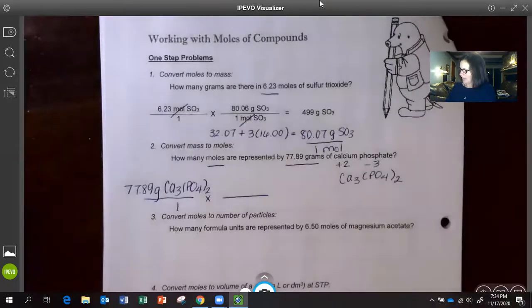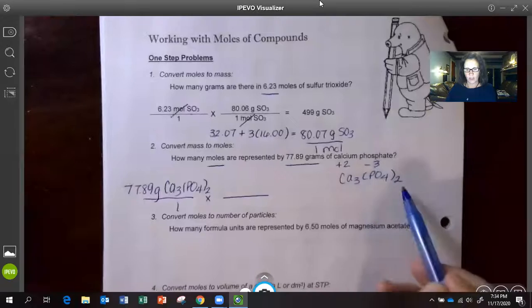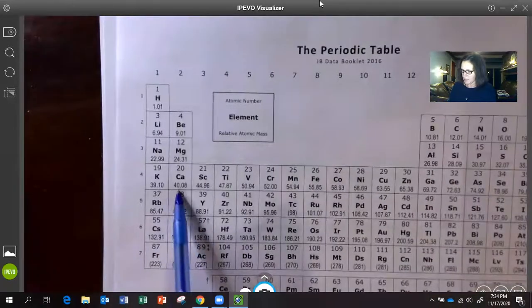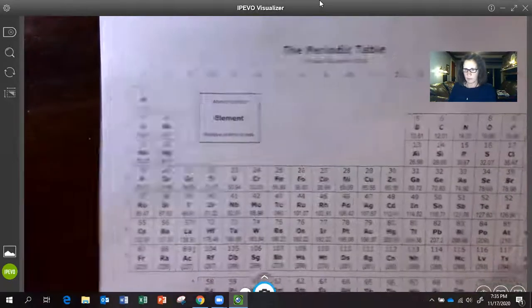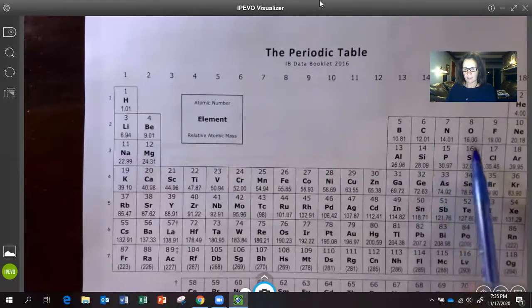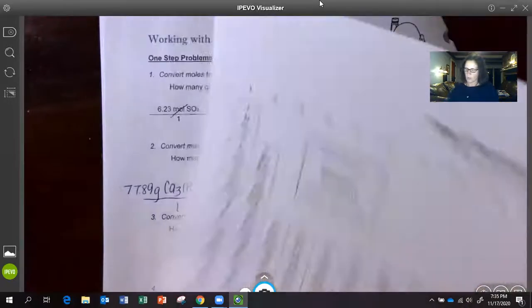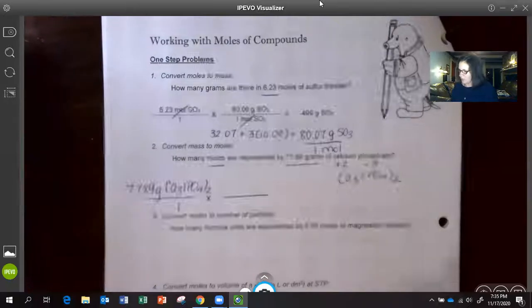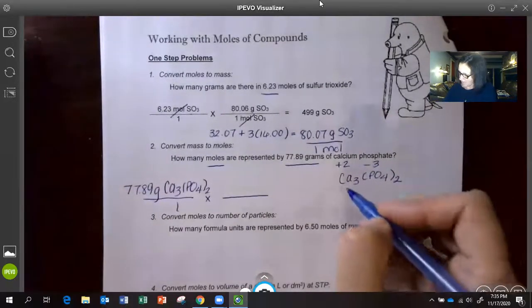So we have to add up the mass of all the components in the formula. Calcium has a mass of 40.08, phosphorus 30.97, and oxygen 16. I'm going to show that calculation of the formula mass or the molar mass.